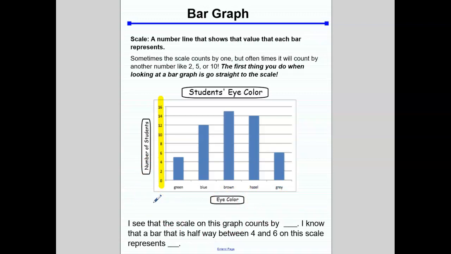I'd like to give you a little challenge. So I see that the scale in this graph counts by 2, because the difference between each 2 numbers is 2. It goes 0, 2, 4, 6, 8.